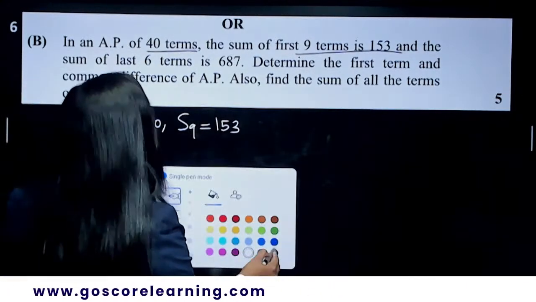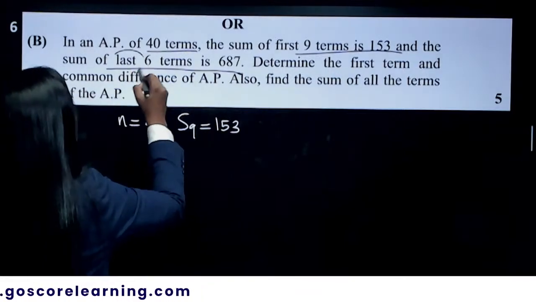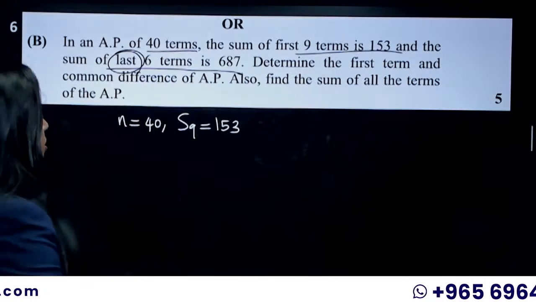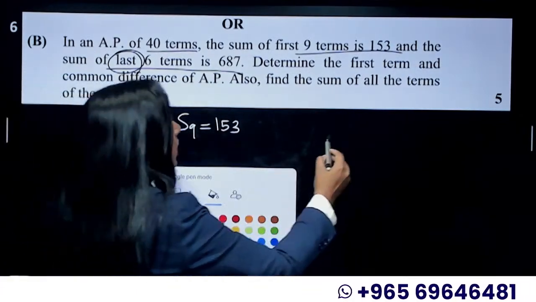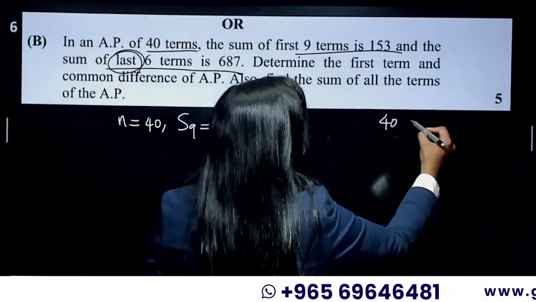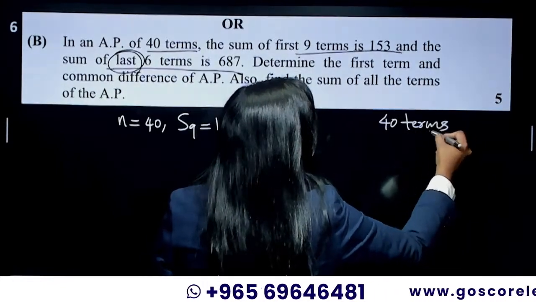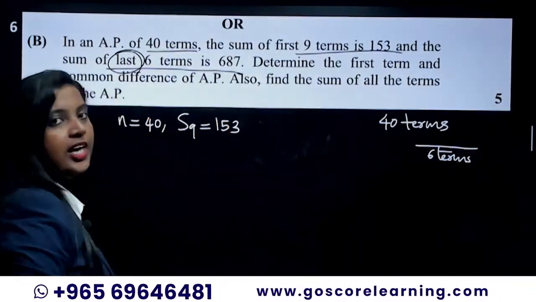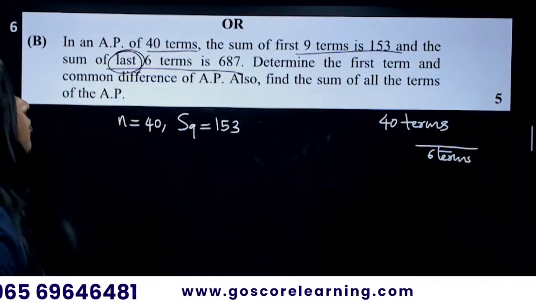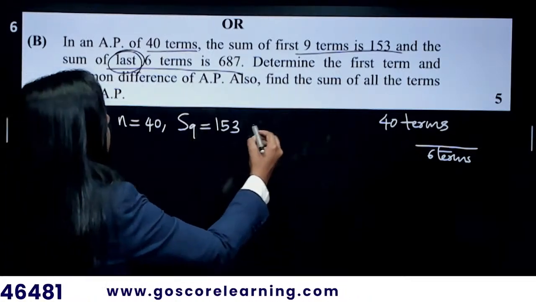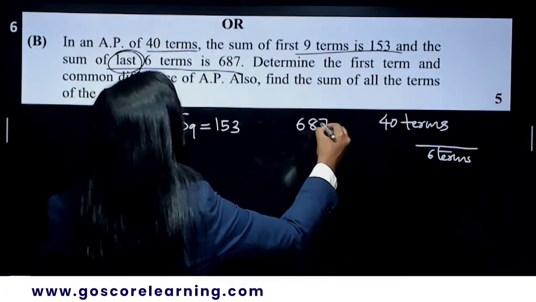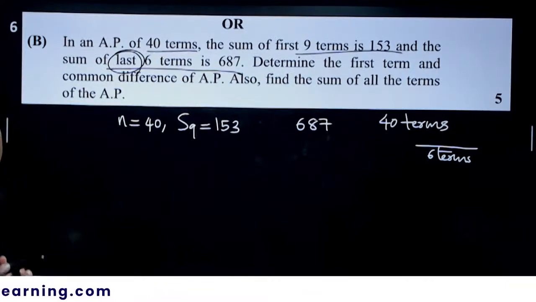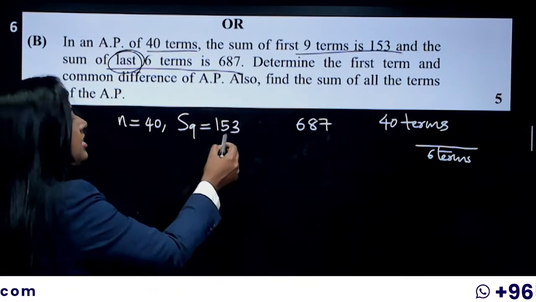So this word last is very important here. Sum of last 6 terms. So in an AP containing 40 terms, which all will be the last 6 terms? That you have to understand. What is given as 687? Many of you will write it as S6, but S6 is not 687 because S9 is 153.